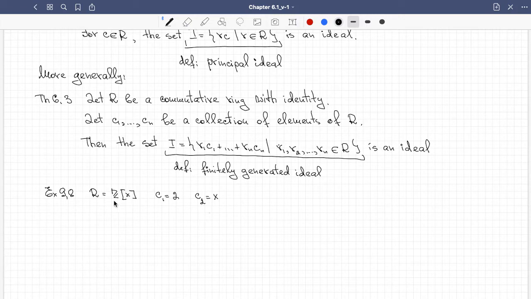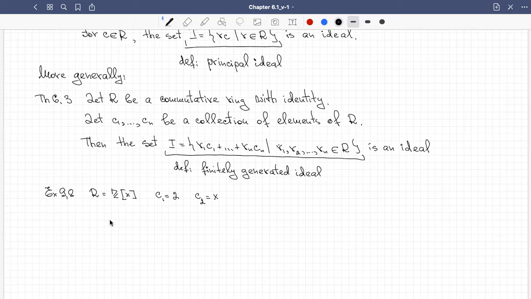This is a polynomial of degree 1 with integral coefficients. 1 is an integer. So a constant polynomial, and a polynomial of degree 1.